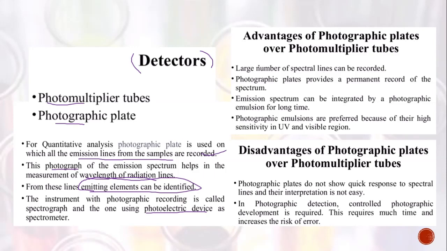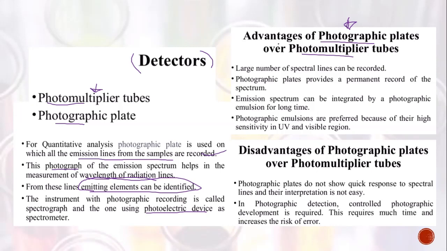Now we talked about the photomultiplier tube in the previous one, which converts light into electrical signals that can be shown using a readout device. So we have advantages of using either the photographic plate or the photomultiplier. Photographic can be compared to what we get when we do X-rays.